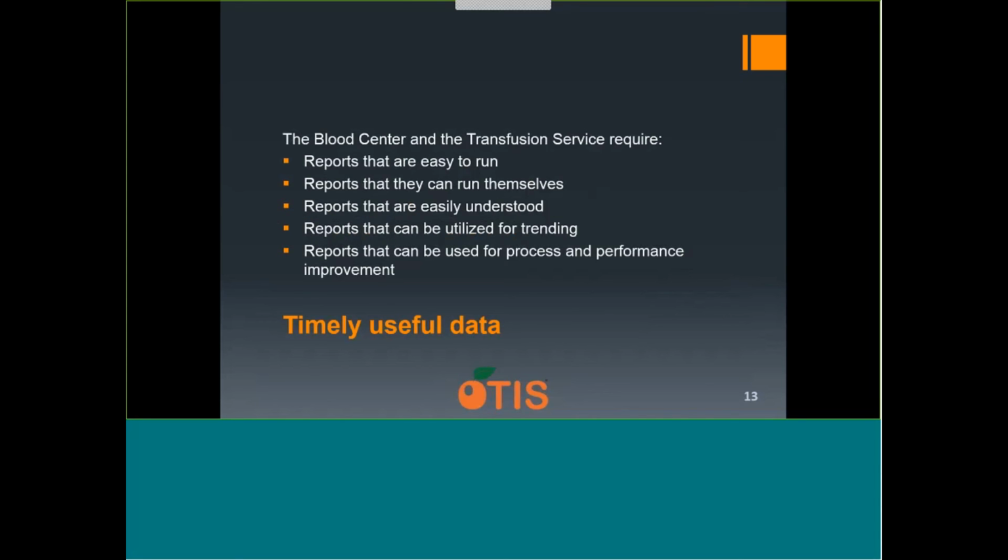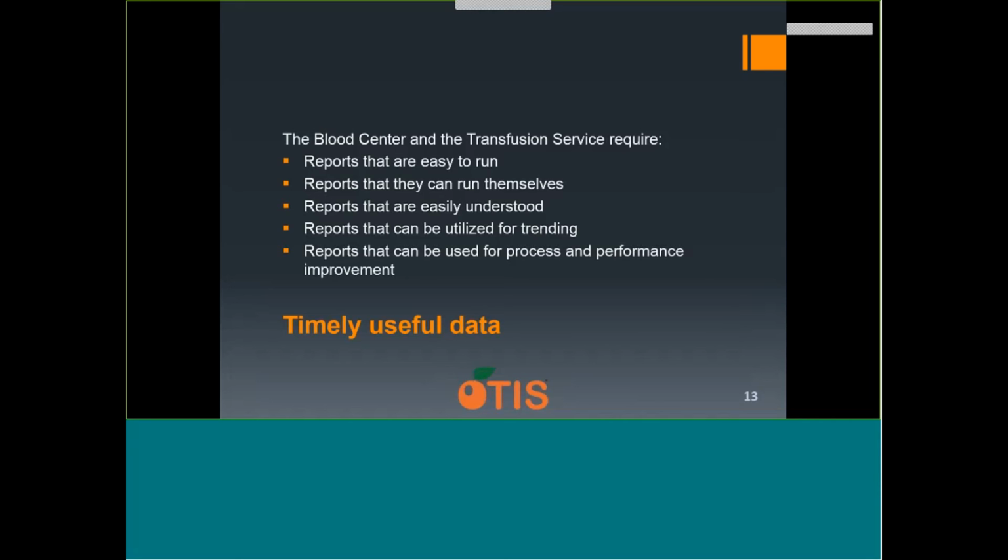So when we look at the blood center and the transfusion services and what they require, they need reports that are easy to run, like a couple of clicks, and you can show a report, say, for a certain time period, a couple of days, to see what's going on. You can do reports basically that run themselves, reports that are easy to understand.